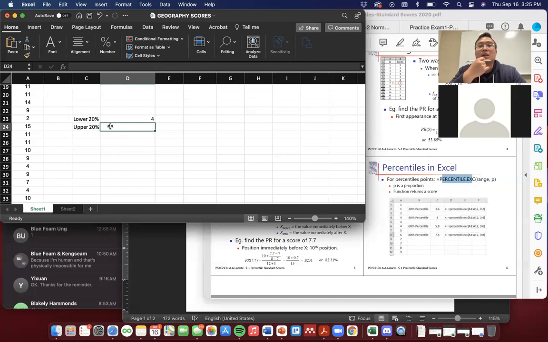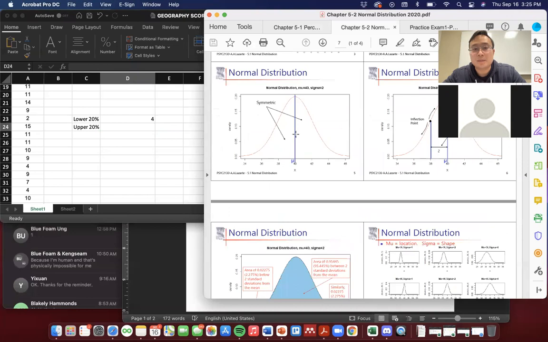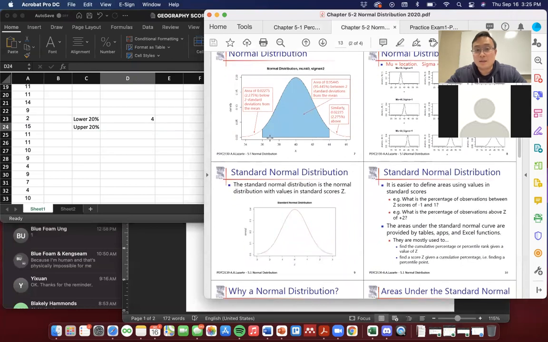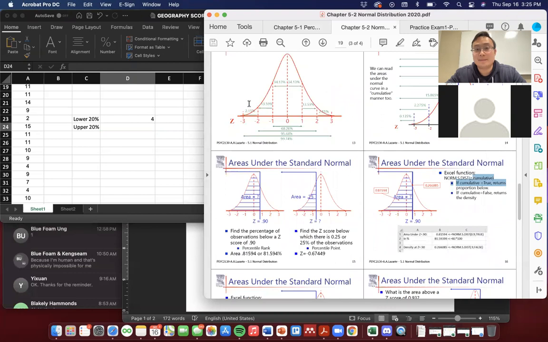Because if you imagine the normal distribution table right here, we chose to get the lower 20%, right? So it took 20% and it told us everything behind that, right?